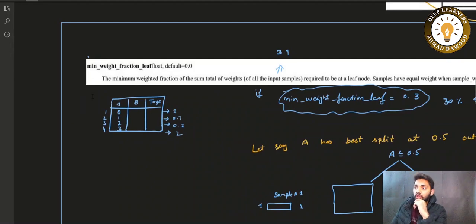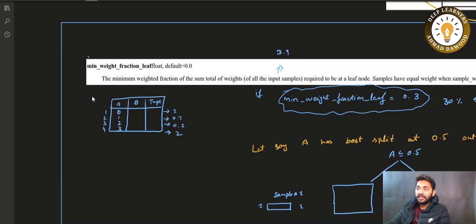So till now we have not used any dataset in which we have passed some weight against each sample. But in a lot of cases, sample weight means that this sample has this percentage of weight. I will explain with an example.